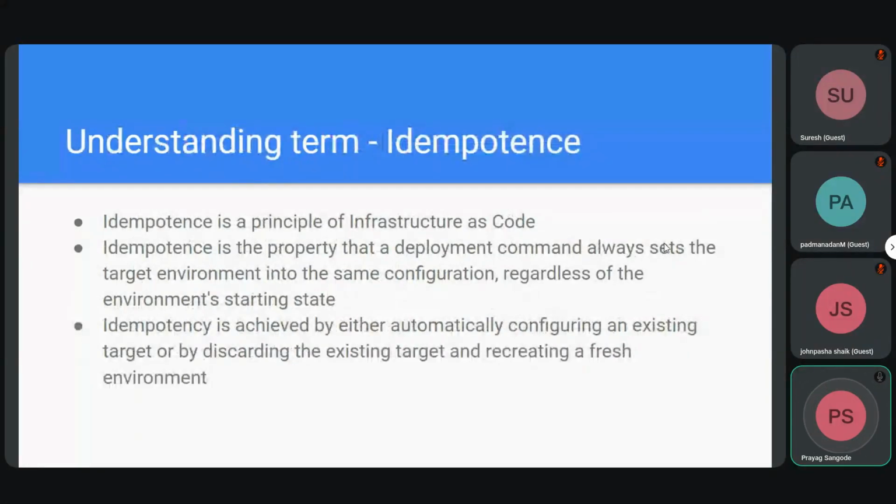Idempotent means it will also compare the current state and the desired state, and it will not try to overwrite. Suppose a file needs to be created; if the file already exists, it will not try to recreate it, it will just skip it. That is the idempotency behavior.